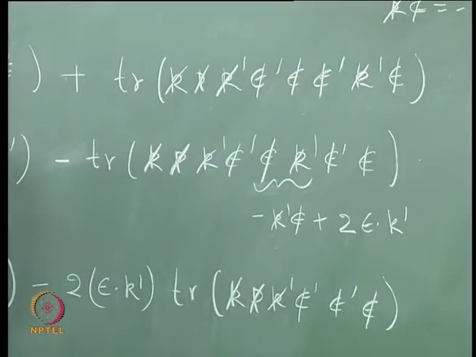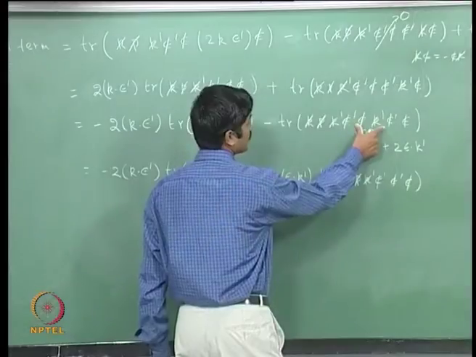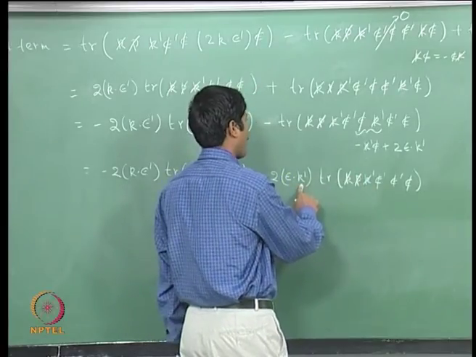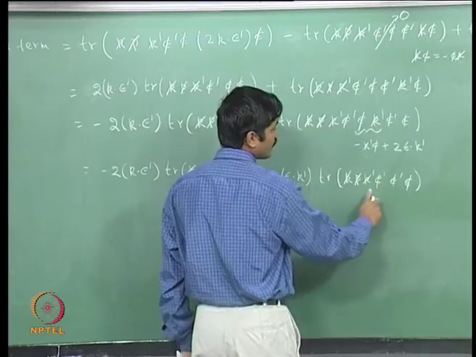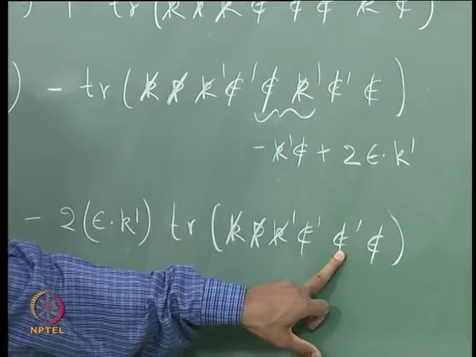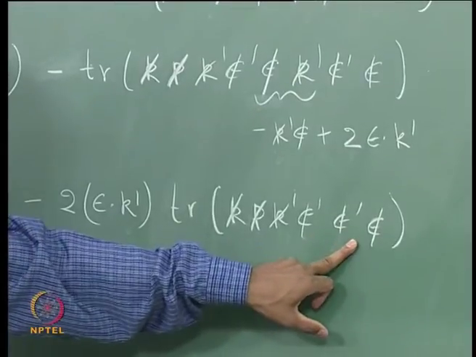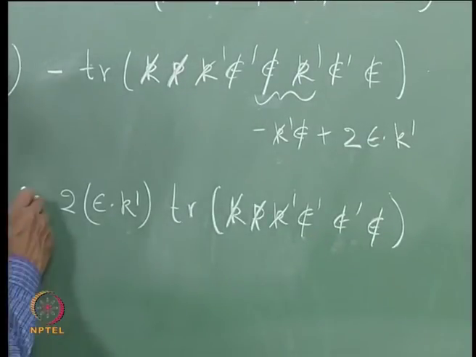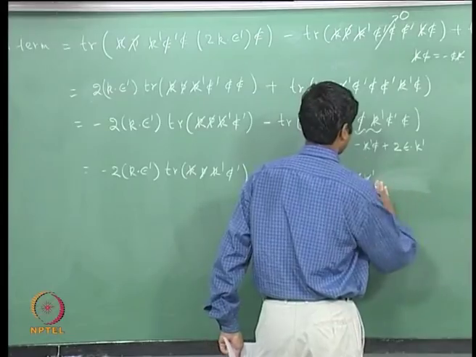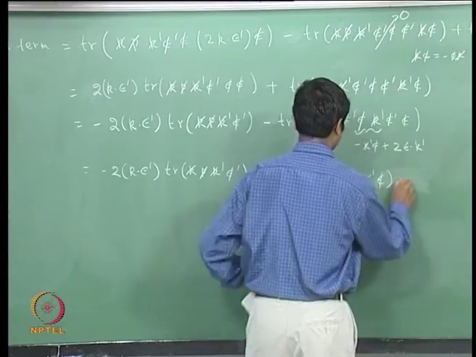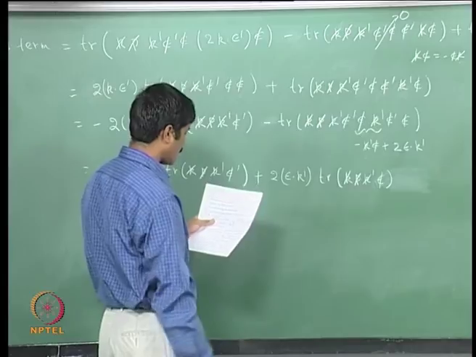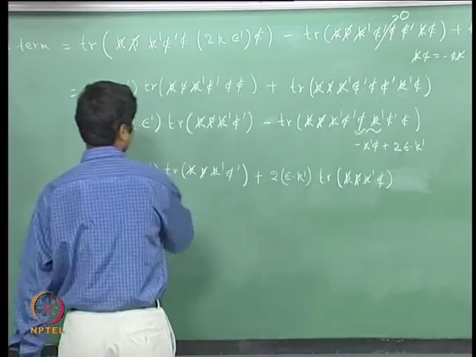All right, because for this I simply substituted twice epsilon dot k prime. Now, you have again epsilon slash epsilon prime slash squared, which will give you 1 minus sign. So, this quantity here is plus 2 epsilon dot k prime trace of k slash p slash k prime slash epsilon slash. Okay, good.